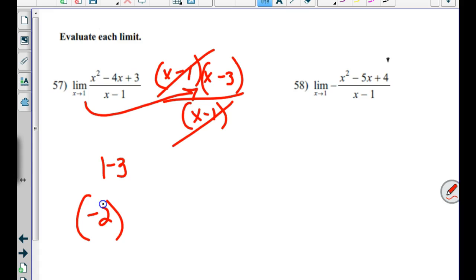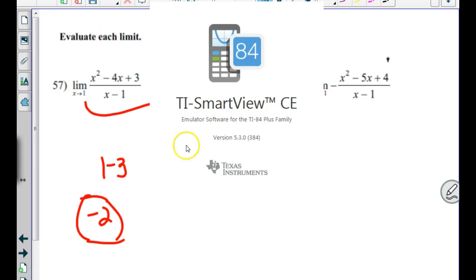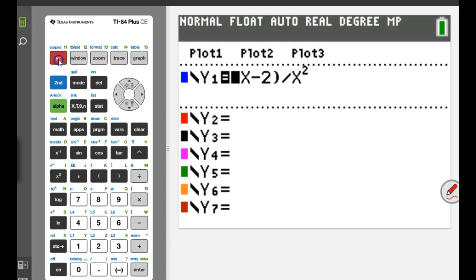If you type that in, what would it look like when you were typing it in? You'd need what? Parentheses around the top and bottom. Can anybody read it to me? X squared minus 4x plus 3, was that right? Divided by the quantity x minus 1, did I remember right?